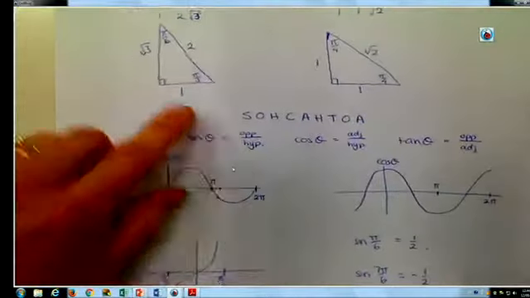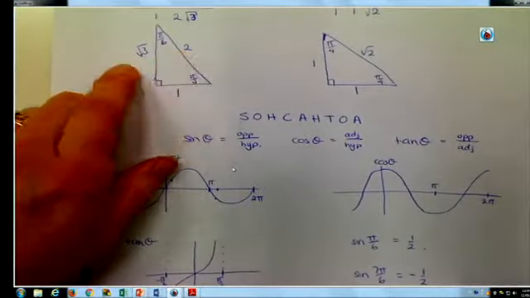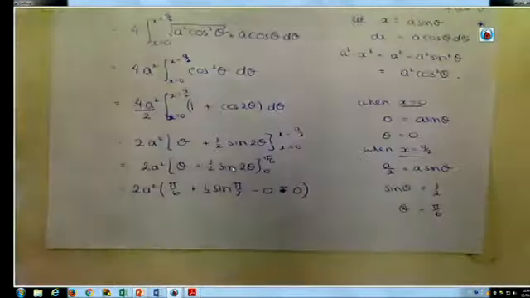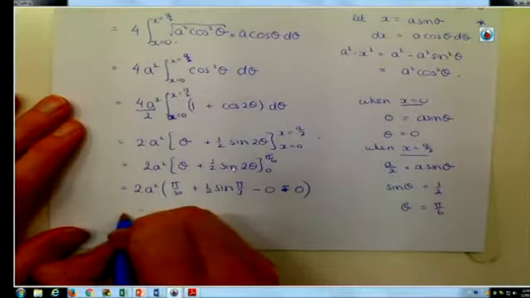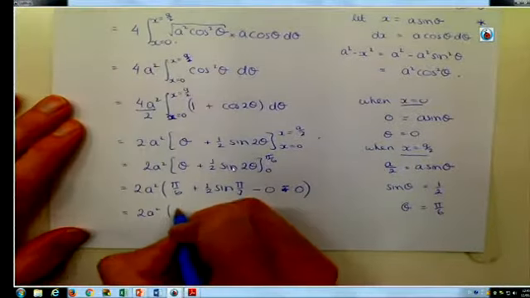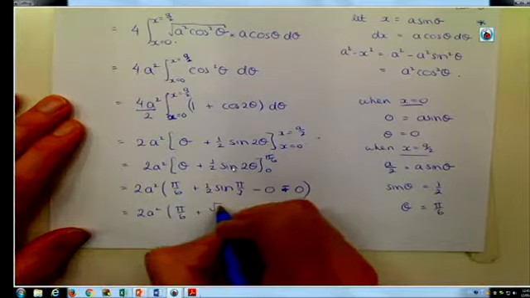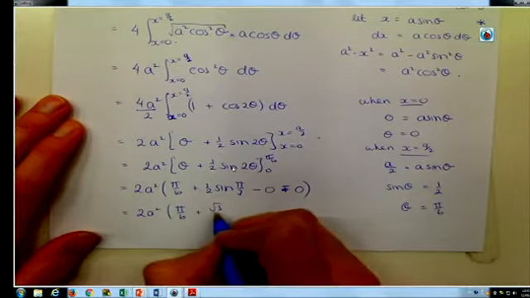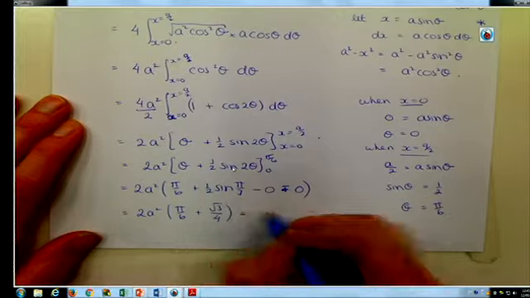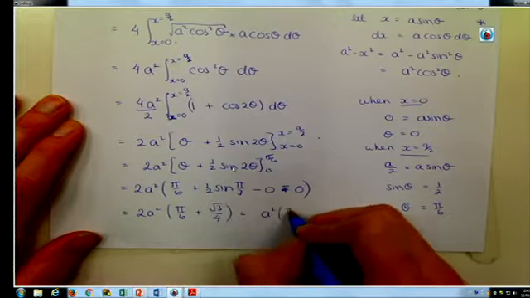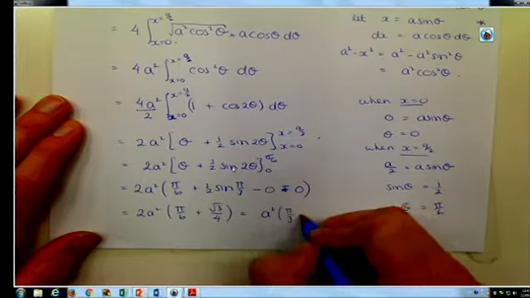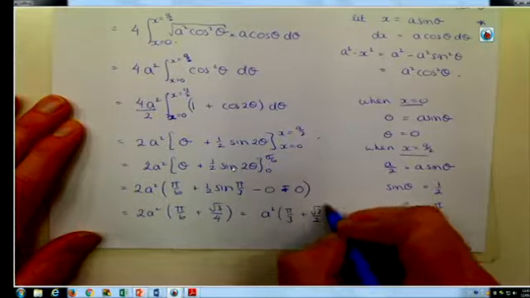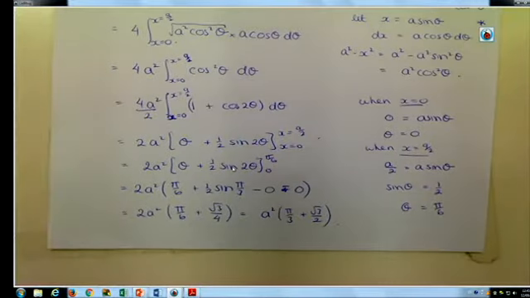Opposite over hypotenuse, so it's going to be root 3 over 2. Root 3 over 2, and I've got a 2 there, so it's going to be 4. There we go. That's the answer. So that's the area that's in that shaded section in the middle of that circle.